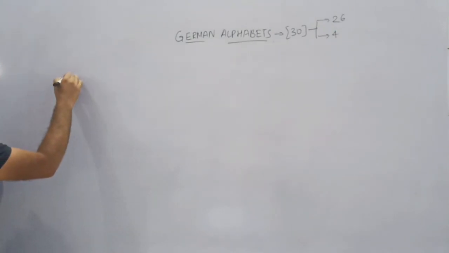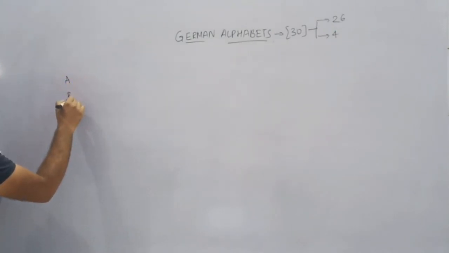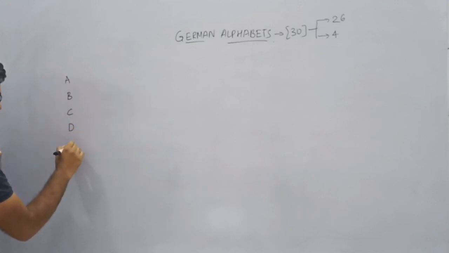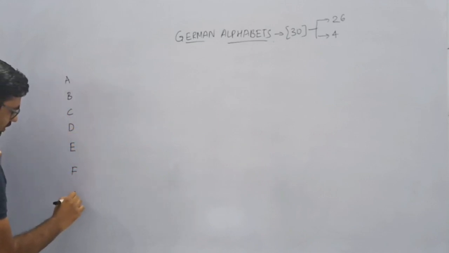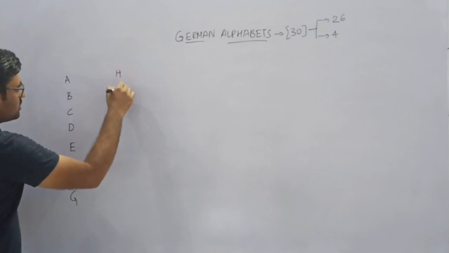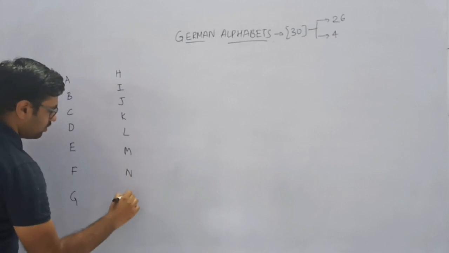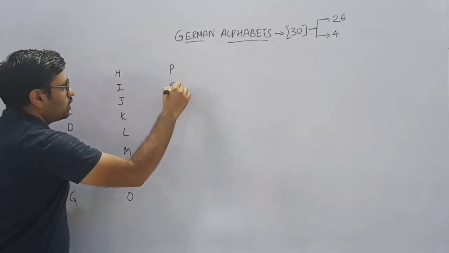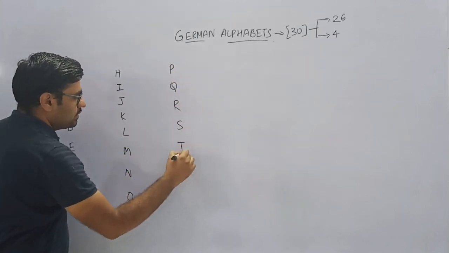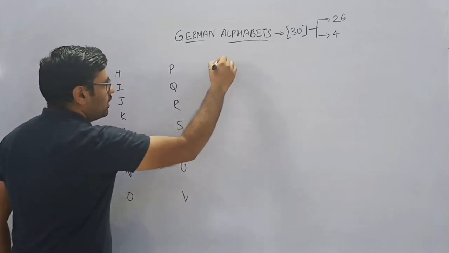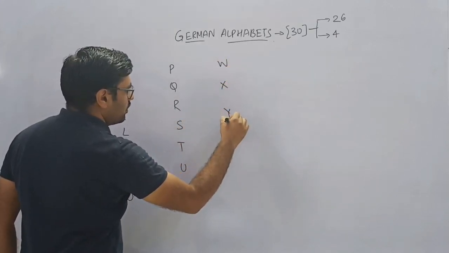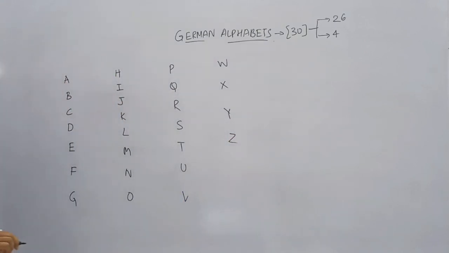Here I am writing these: A, B, C, D, E, F, G, H, I, J, K, L, M, N, O, P, Q, R, S, T, U, V, W, X, Y, Z. As you can see, we have 26 alphabets, same as that of English language and even in the same order.